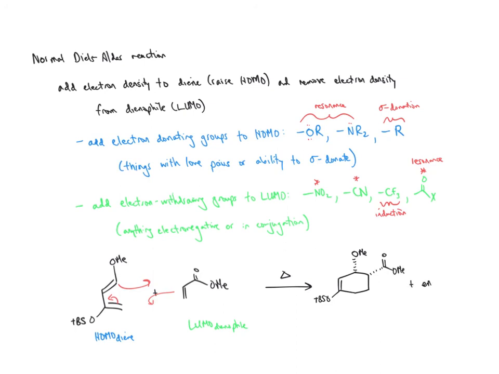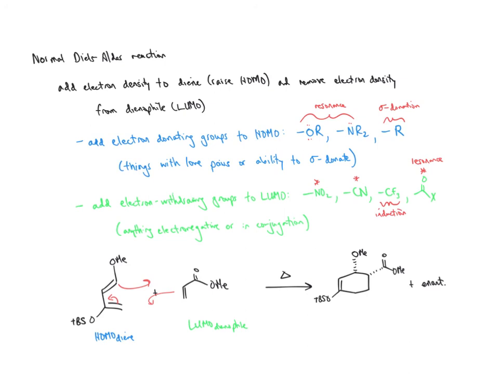And of course we get the enantiomer. The lone pairs on the methoxy group are going to increase the HOMO, and the carbonyl decreases the LUMO. And so now the HOMO-LUMO gap is much better, and so you can do this reaction at room temperature or lower temperatures. Let's do the other case.